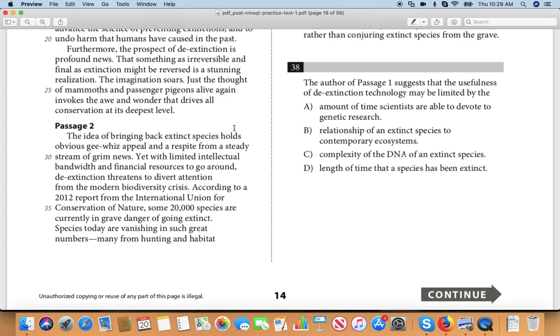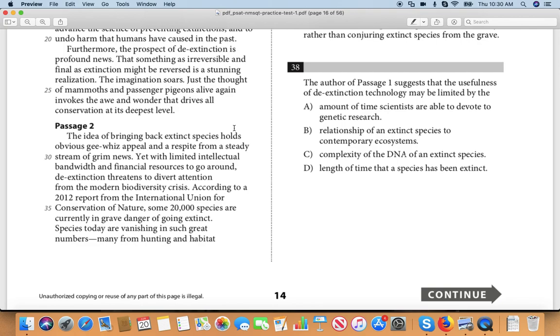The amount of time. So, saying it's limited by the amount of time scientists are able to devote to genetic research, saying it will take a lot of time. By the way, is it a true statement that it'll take a lot of time? It is. It's going to take a lot of time. Based on your answers previously, I'd be like, yeah, it's going to take a long time and cost a lot of money. But look at the question.